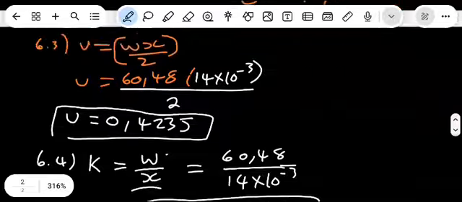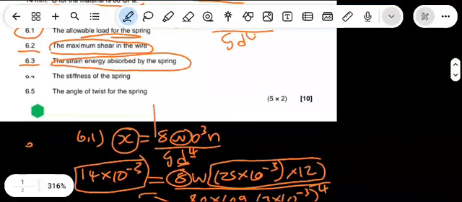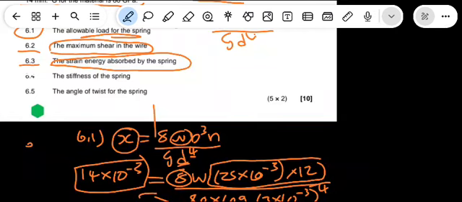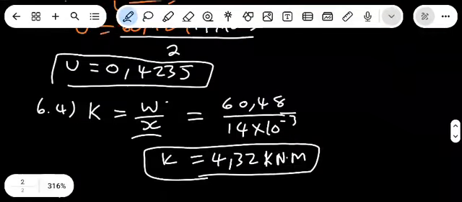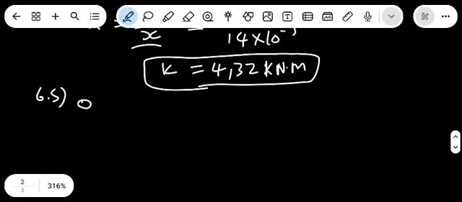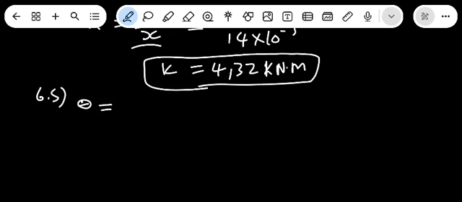6.5. So what do they want? The angle of twist for the spring. Okay, the angle of twist theta, we know, must be 16 multiplied by the weight, D squared of the mean diameter, number of coils, divided by G, wire diameter raised to the power 4.